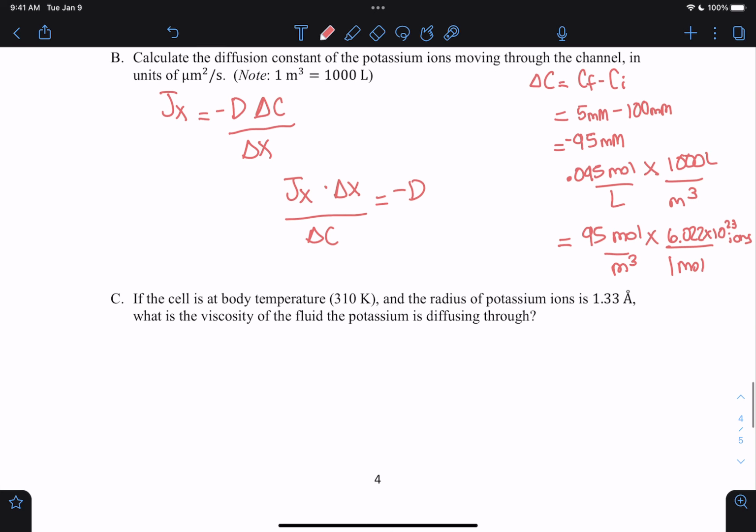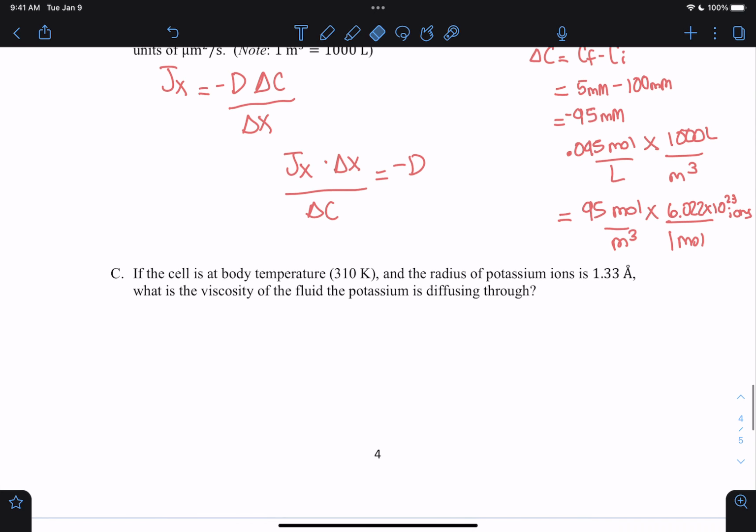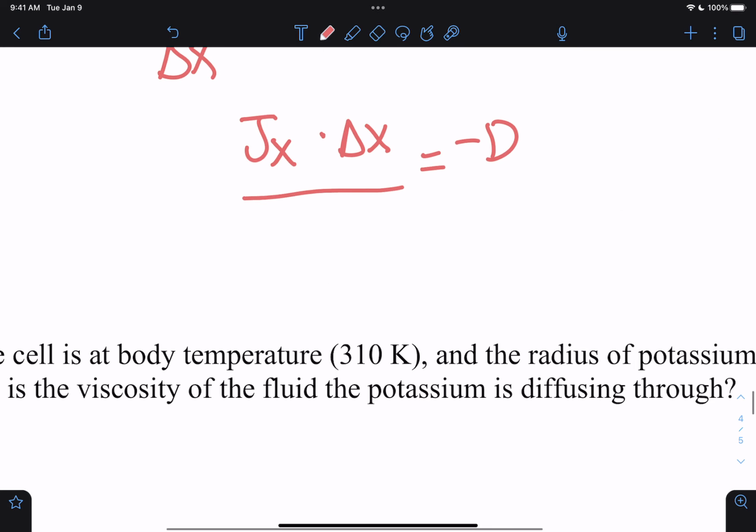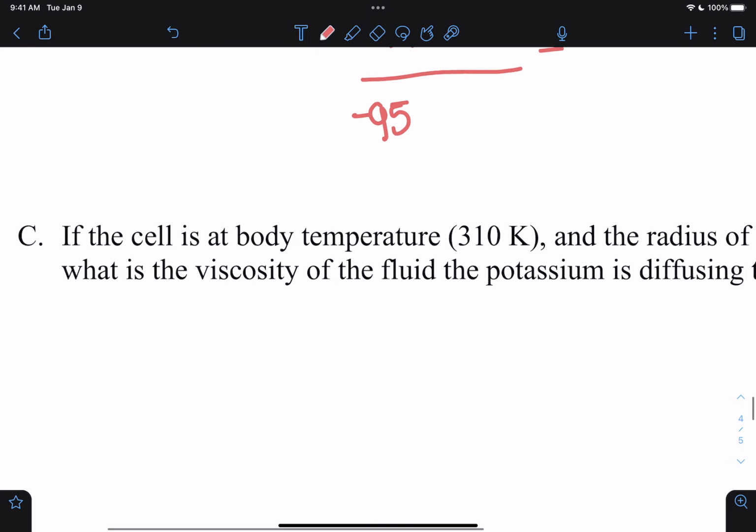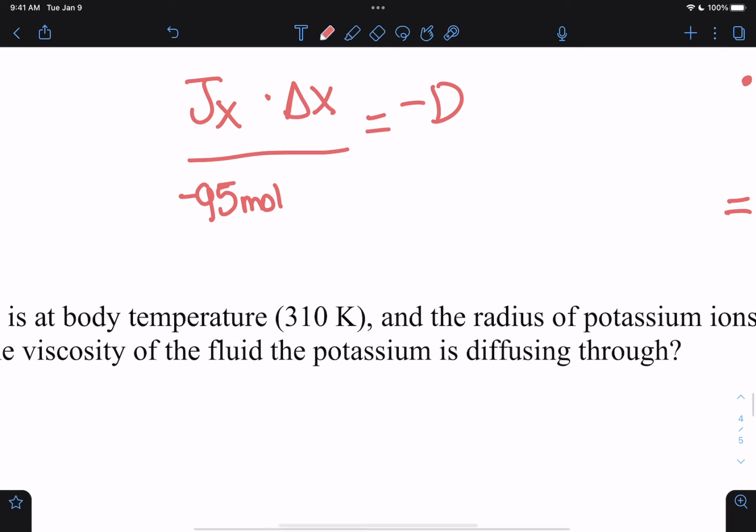Sound good? So that gives us our final concentration here, the delta C at the bottom. That would be the negative 95. There's a net flow outwards, a net change of concentration that's negative from inside to the outside of negative 95 moles per meter cubed, and then multiplied by Avogadro's number.